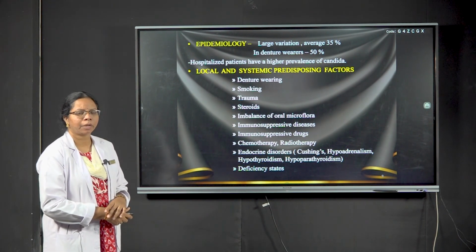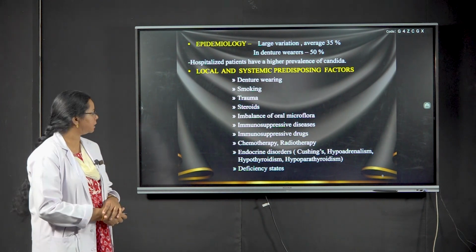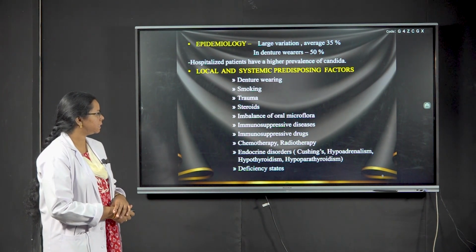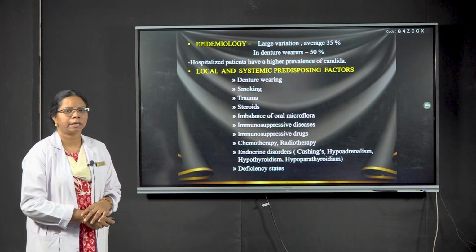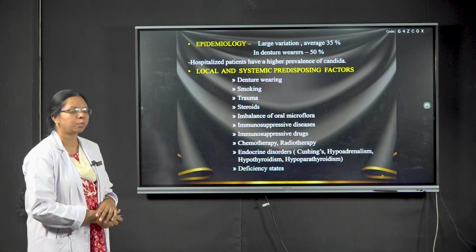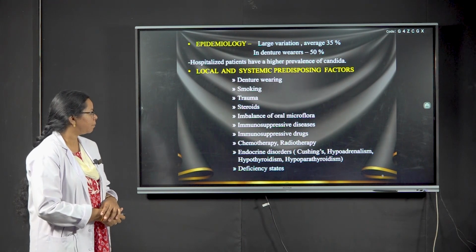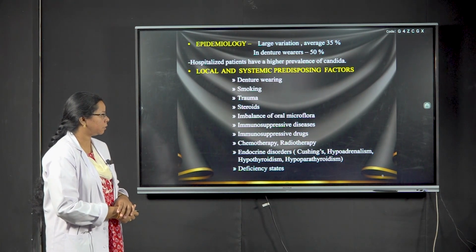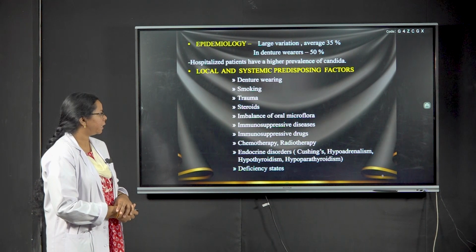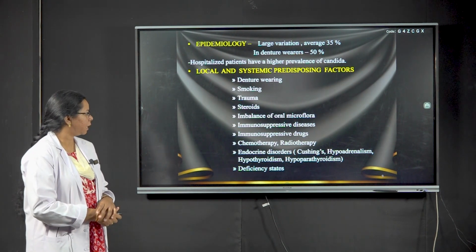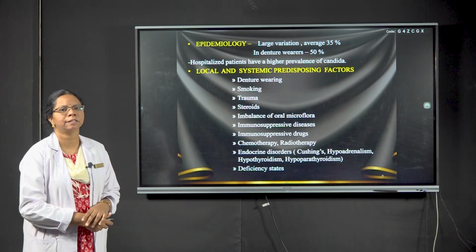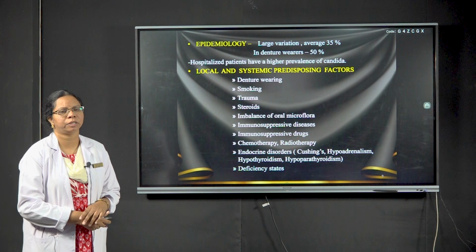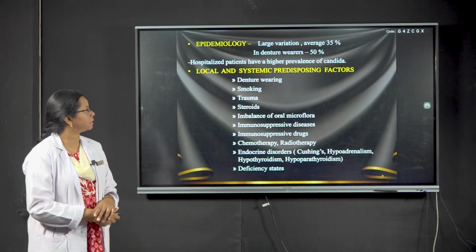Under systemic predisposing factors, immunosuppressive diseases, immunosuppressive drug therapy, patients under cancer chemotherapy or radiotherapy, patients who have endocrine disorders like Cushing's, hypoadrenalism, hypothyroidism, hypoparathyroidism, and malnutrition and deficiency states are identified as systemic predisposing factors for the development of candidiasis.